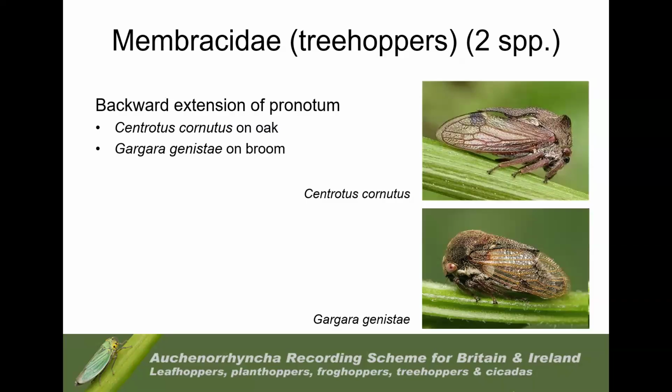So if you've got broom in your particular area, it's well worth having a look to see whether you can find this little hopper. Both of these species, but particularly the second one, Gargara genistae, is supposed to have some sort of symbiotic relationship with ants. But I don't think that's been particularly well studied as yet, but it's certainly something that would be worth looking at.